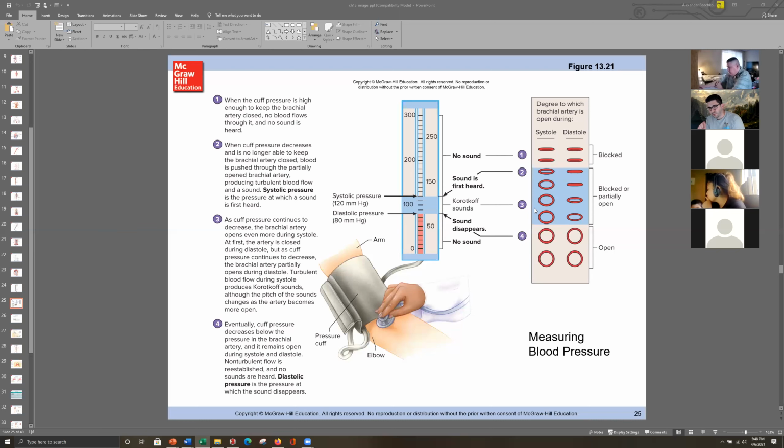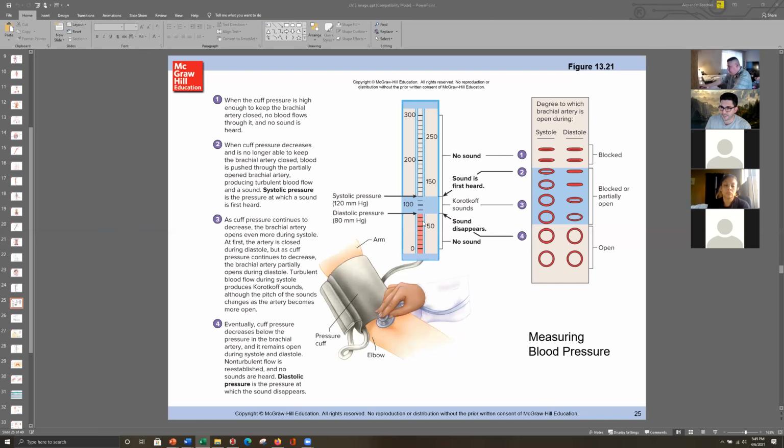So as they gradually let the air out of the blood pressure cuff, the first sound that they hear is what we call the systolic blood pressure. So that first sound. And then when you can't hear any sound anymore, so the vessel is no longer occluded and you can't hear turbulent flow basically, once the vessel is completely open, that sound will disappear.